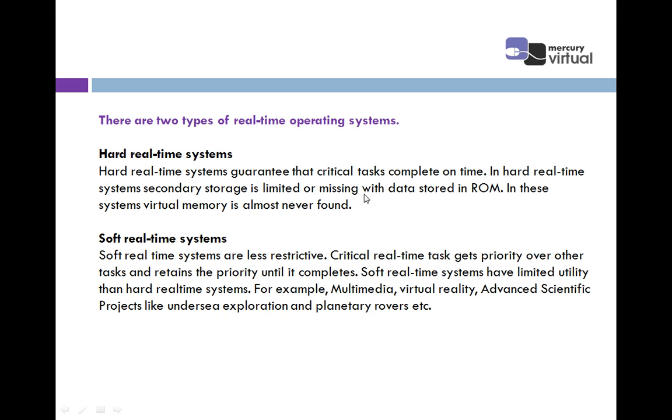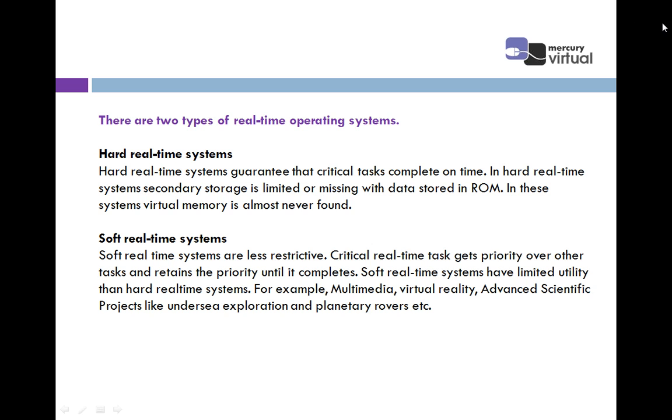This is known as a hard real-time operating system. In these systems, virtual memory is almost never found. Virtual memory is a main concept which I will discuss later when we see memory in detail.